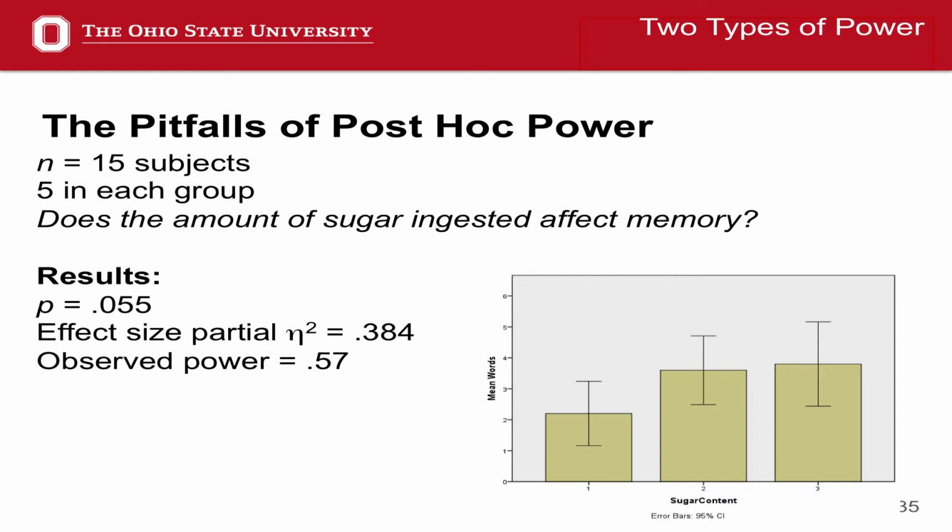Effect size is 0.38, so about 38% of the variability in memory is explained by the sugar content variable, which if we went back a few slides, that would be a pretty strong effect. Power was 0.57, so not at the acceptable level of 0.80 using that convention.